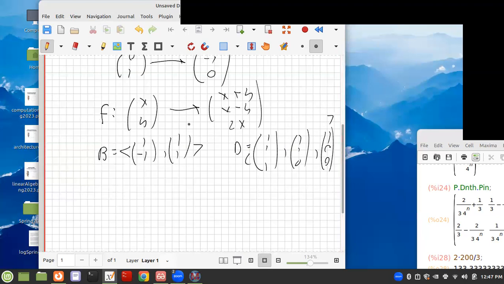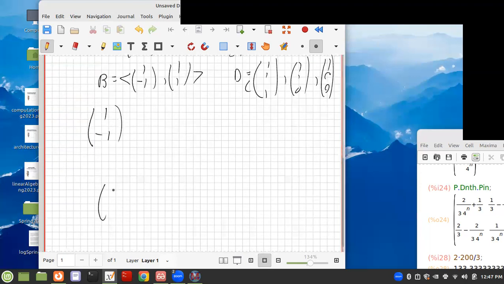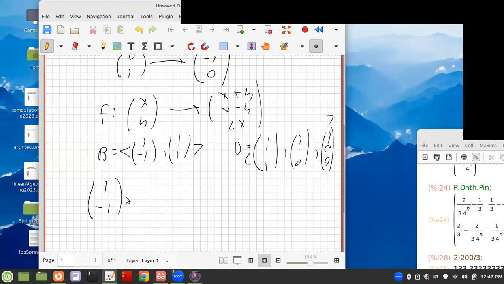Okay? So it's defined the same way: you need to find the images of the basis B vectors using the map F.